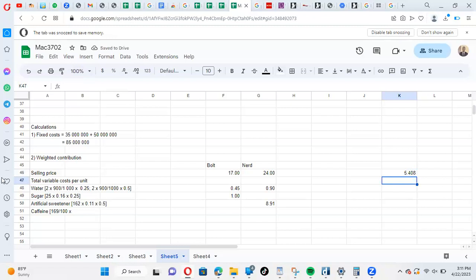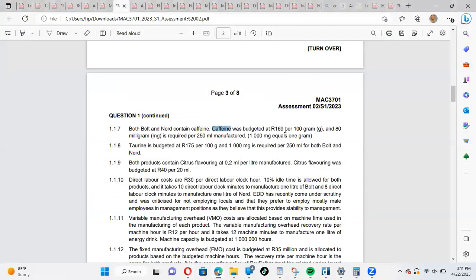Let me do the calculation how I was going to do it. 169 per 100 grams, and we require 80 for every 250 mils.